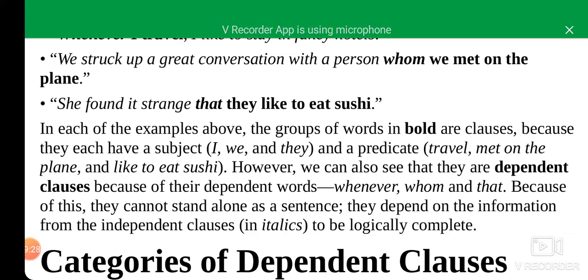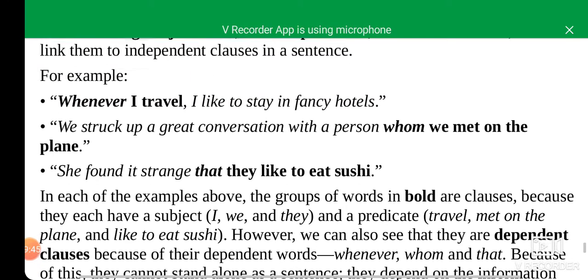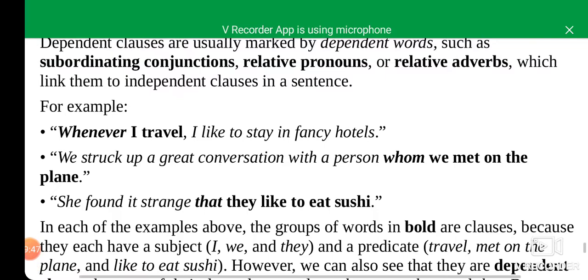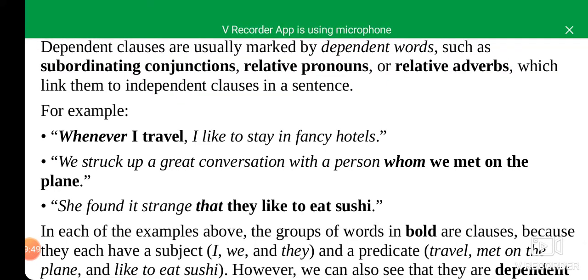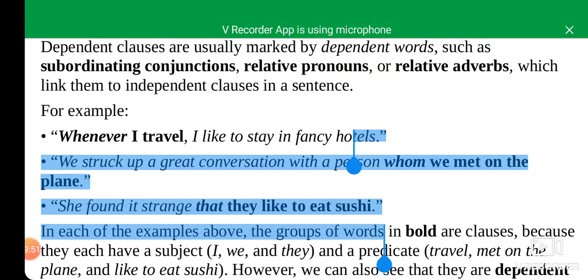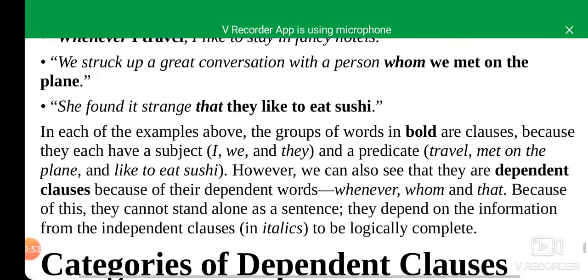An independent clause gives its meaning without the help of any other phrase or clause. A dependent clause depends on the independent clause to complete its meaning, and it is always made with relative pronouns, relative adverbs, and subordinate conjunctions.